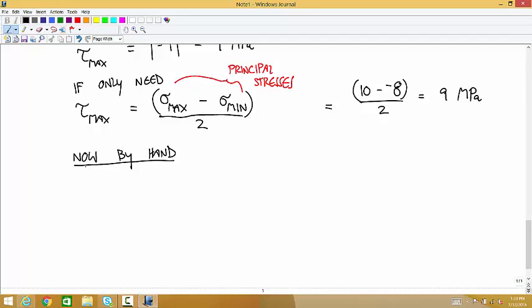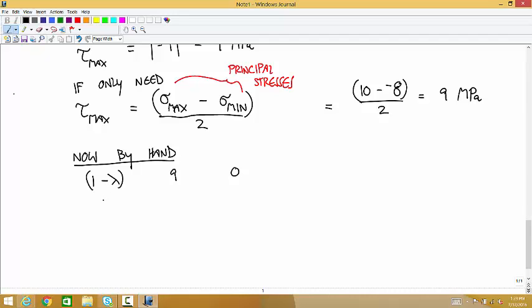Okay. So the equation that we need to solve to calculate the principal stresses goes, what's our original one? So here's what we need to solve. The first row is 1 minus lambda, 9, 0.